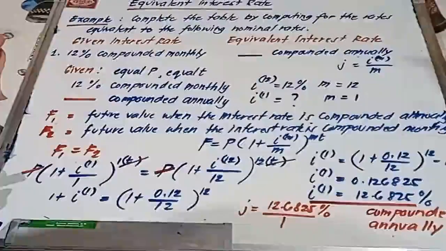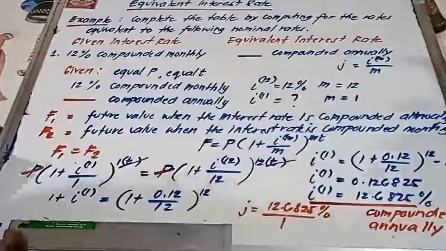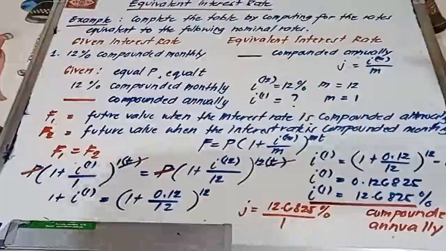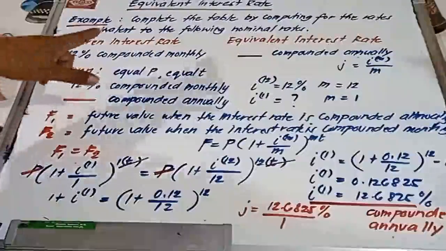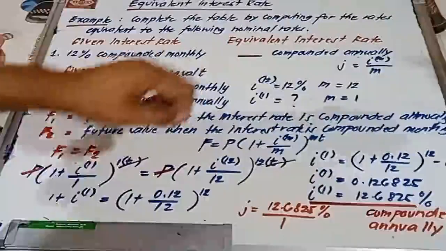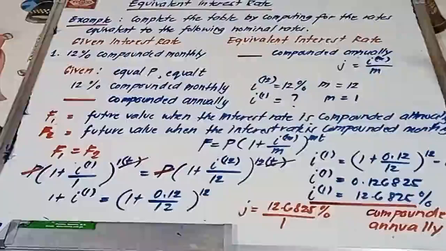Kasi ang M natin ay 1. So, ito ang kailangan natin in solving the present and future values ng ating ordinary o general ordinary annuity. So, this is my first example in converting given interest rate to equivalent interest rate, both compound interest. Thank you.